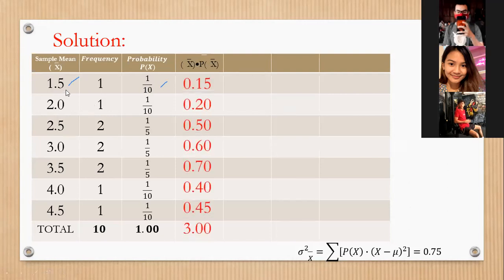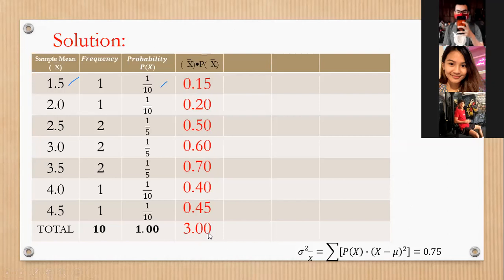Yan. 1.5 times 1/10 is 0.15, 0.20, 0.25. So, minumove lang natin yung decimal. Pero with all the denominators na 10, minumove lang natin ang decimal point ng 1 place to the left to get the value. And kapag inadd na po natin itong lahat na to, that is equal to 3.